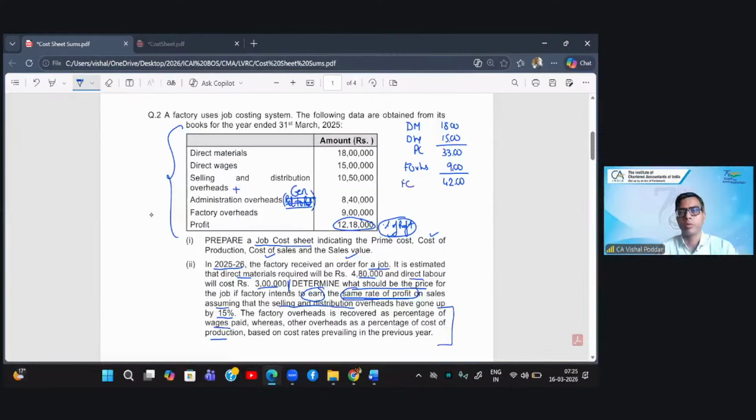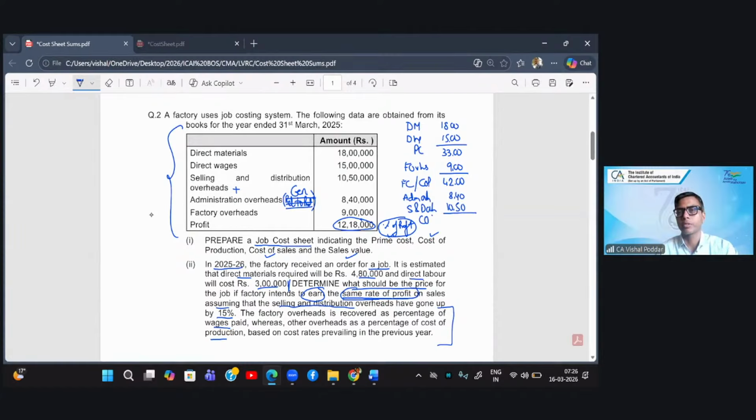Now this will also be my factory cost, and this will also be my cost of production, because I do not have administration overheads here. I have administration here. The administration is 840. This is 1050.